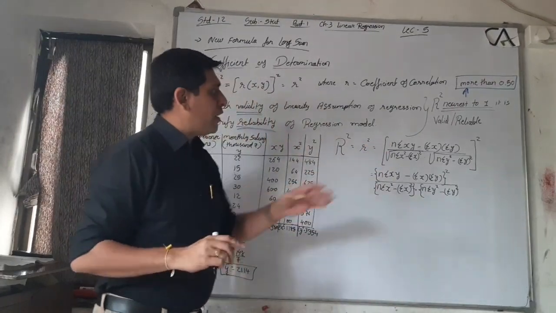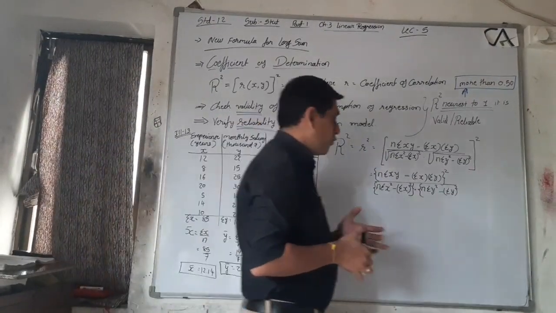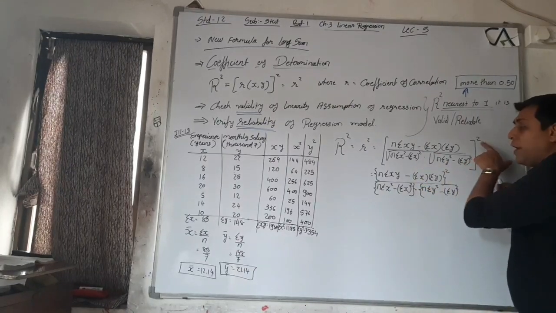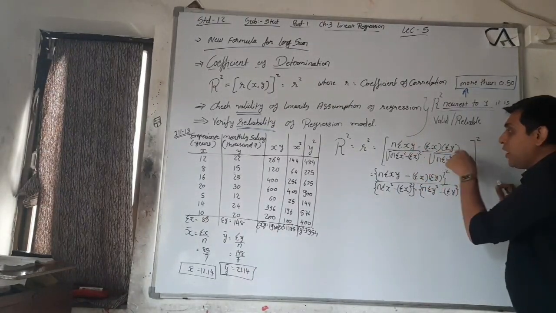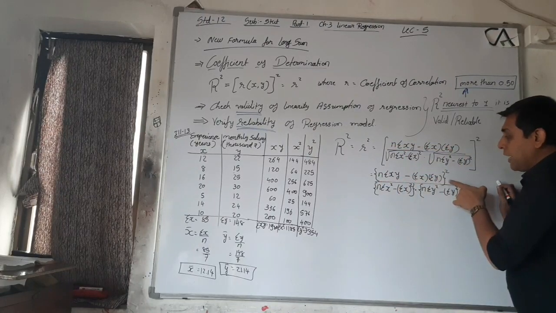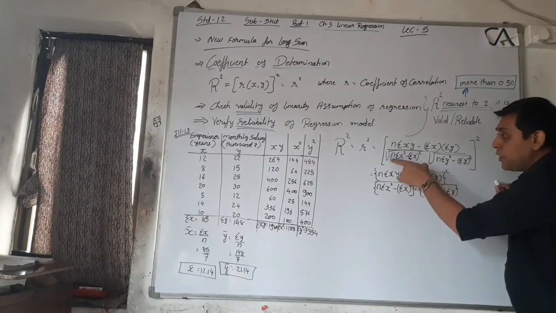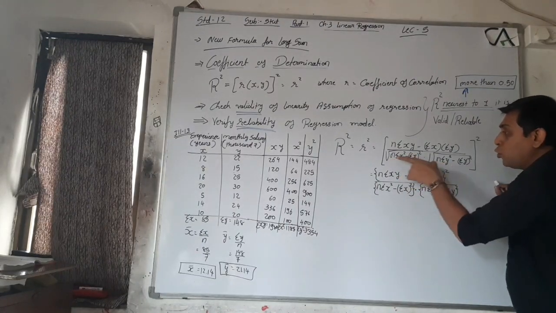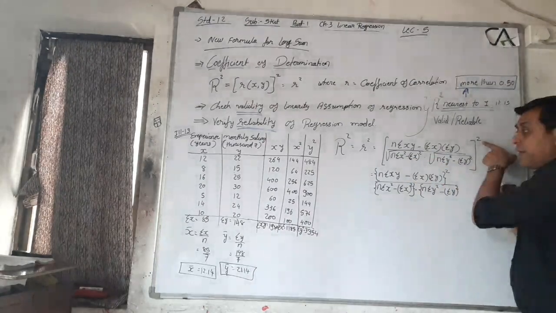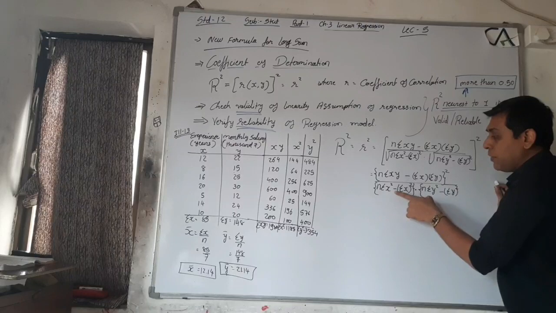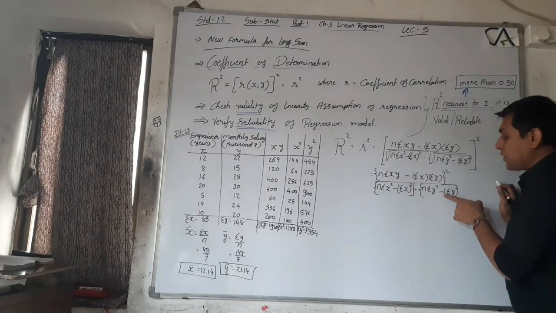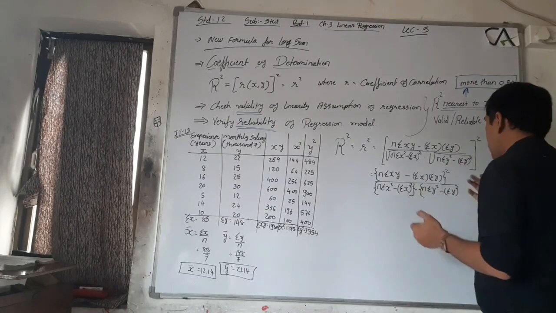So I just simplified this formula. That means first of all I write the formula of r, then I simplify this formula. Numerator square only, numerator bracket square. Then denominator: in the denominator there are two square roots, but these two square roots are cancelled with the squares. So we have to write n into sigma x square minus sigma x whole square into n into sigma y square minus sigma y whole square.